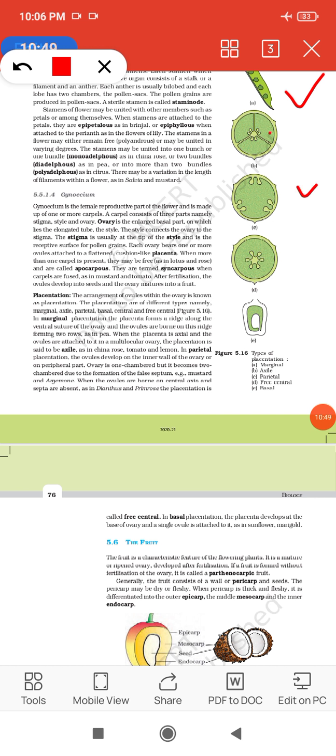Then we have parietal, where the ovules are present on the outer surface. Then we have free central, so there is no axis, the ovules are simply present freely at the center. And the next we have basal placentation, where the ovule is at the base.